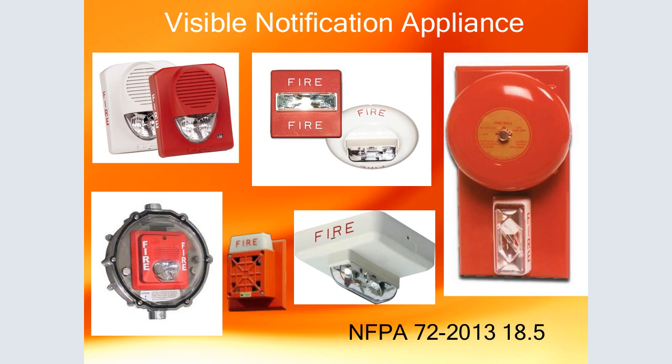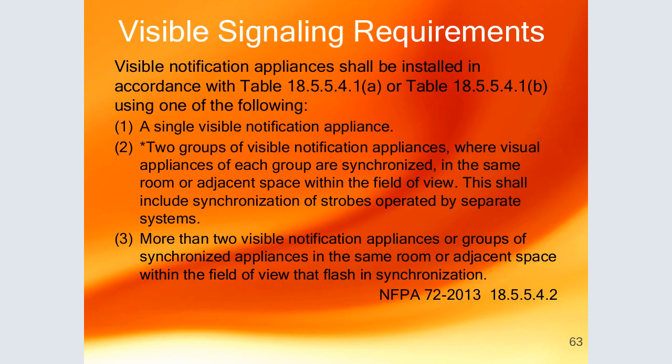And then we have the visible notification appliance. We had talked about them. Visible signal requirements. Now the visible notification appliances shall be installed in accordance with the table that we saw using the following. A single visible notification appliance. The two groups of visible notification appliances where these appliances of each group are synchronized.